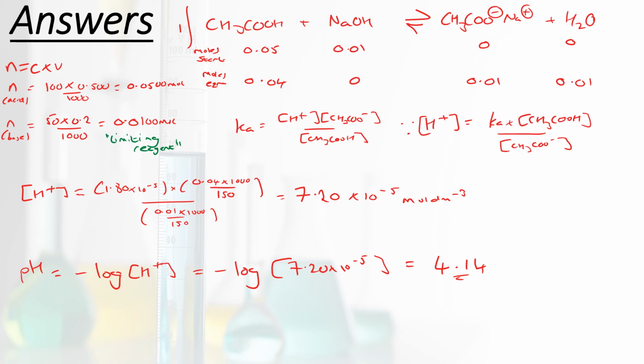We rearrange that equation for H+ because we're interested in pH, and so when we then put the numbers into that rearranged equation, again remembering to convert the mole values back into concentration values, and remembering that the total volume of the solution is now the 100 cm3 of the acid plus the 50 cm3 of base, so 150 cm3. The H+ concentration comes out to be 7.2 times 10 to the minus 5 moles per decimetre cubed. So the pH is a very simple calculation, just the negative log of that, and the pH comes out to be 4.14. Again, remember pH to 2 decimal places.